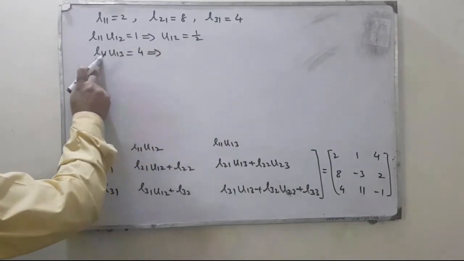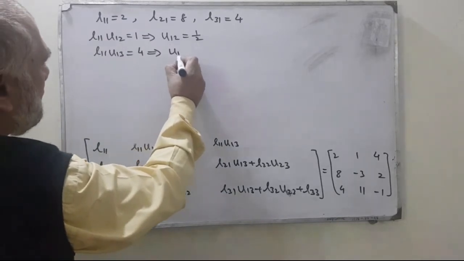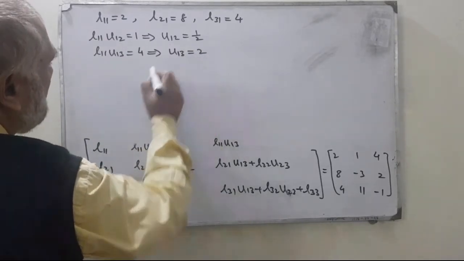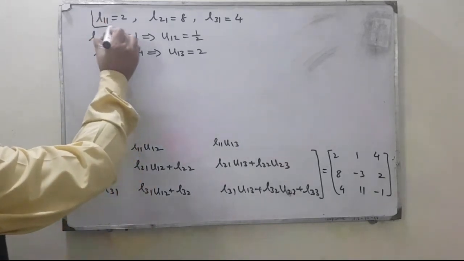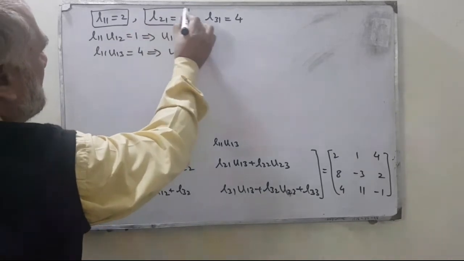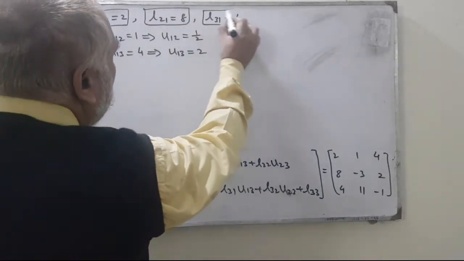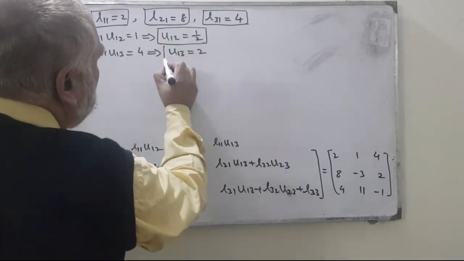From here, we have L11 is equal to 2, and then shifting it to the right gives you U13 is equal to 2. So we got 5 out of 9. Let me place them in a box so that we can see it properly. These are the unknowns we have determined so far.